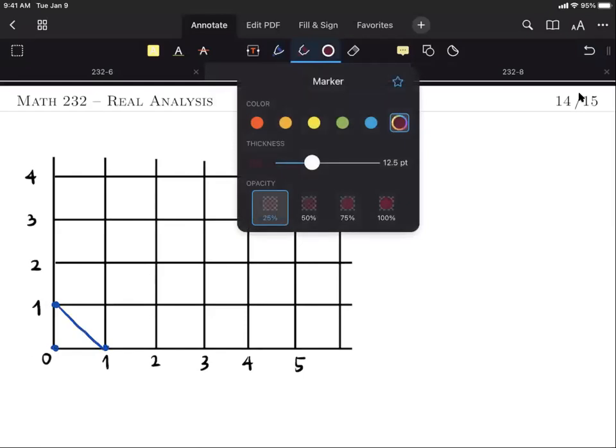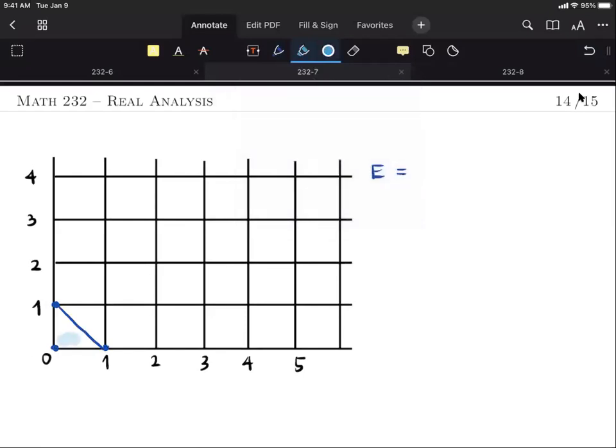So this will be our set E. Well, this is the set of points in R2 such that x and y are non-negative and the sum is less than or equal to 1. So the boundaries are included.